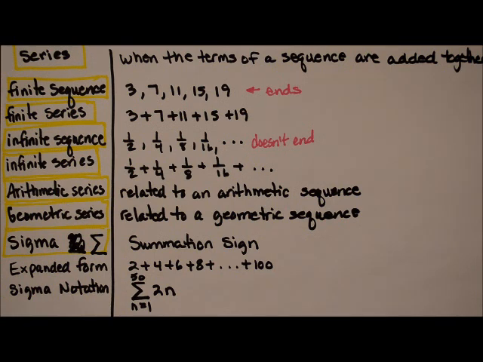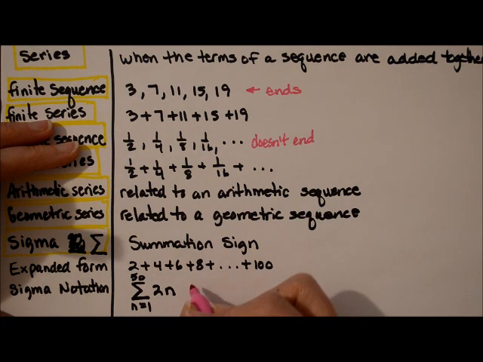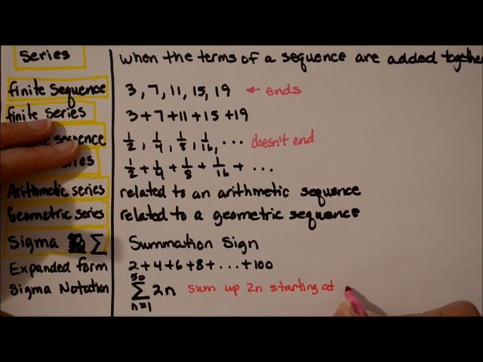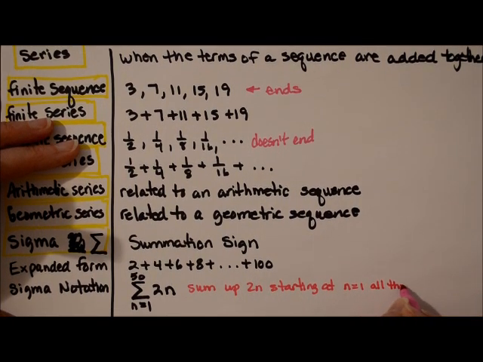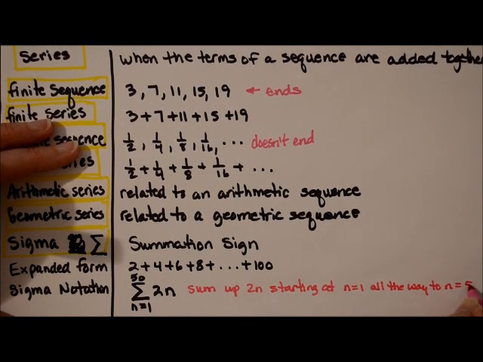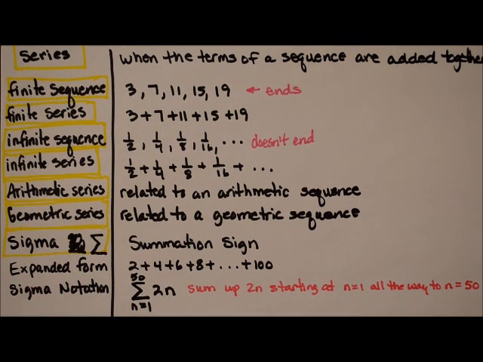So this means, here's the meaning of it. You're going to sum up 2n, starting at n equals 1, all the way to n equals 50. Sigma notation.